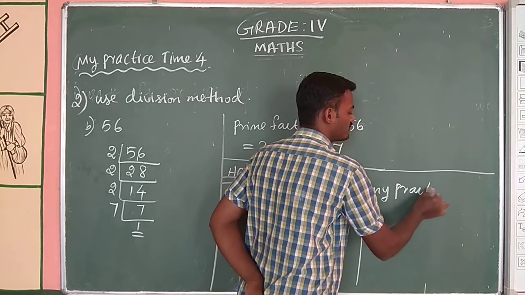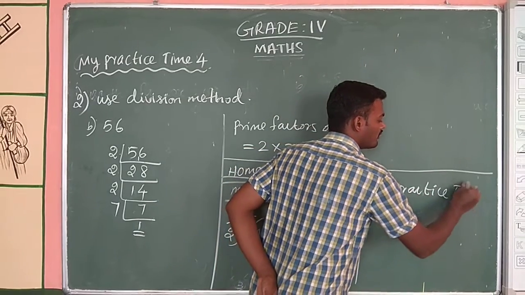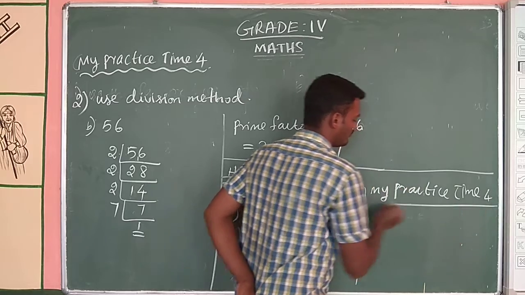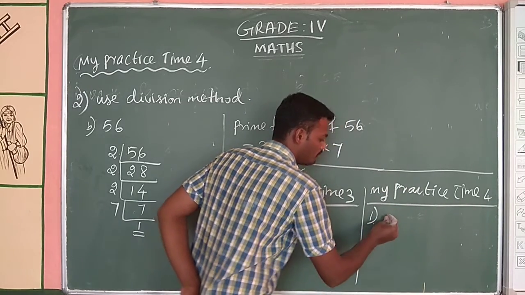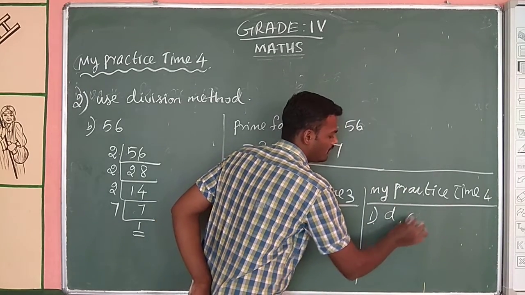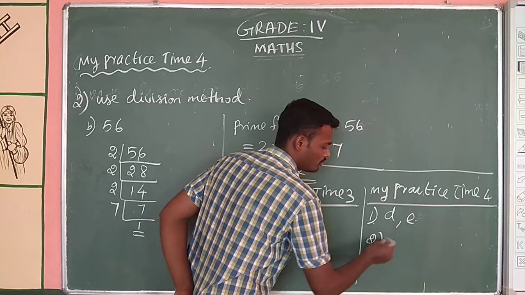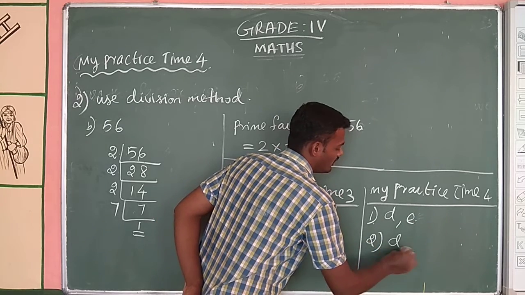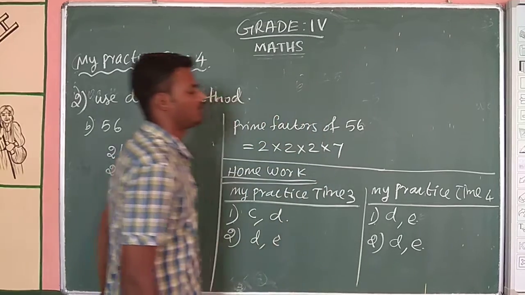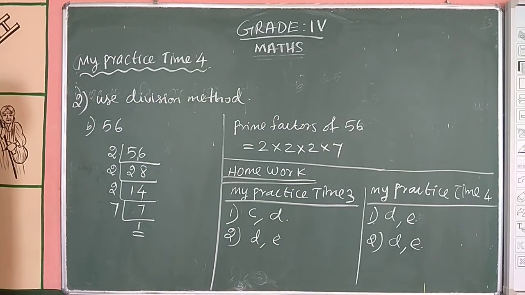Question number 1, do D and E. Question number 2, D and E. So totally 8 sums are normal sums. Thank you, students.